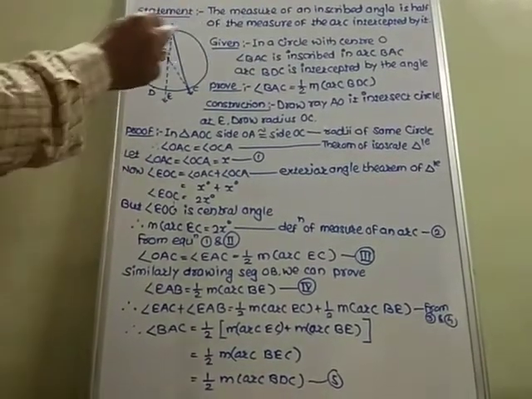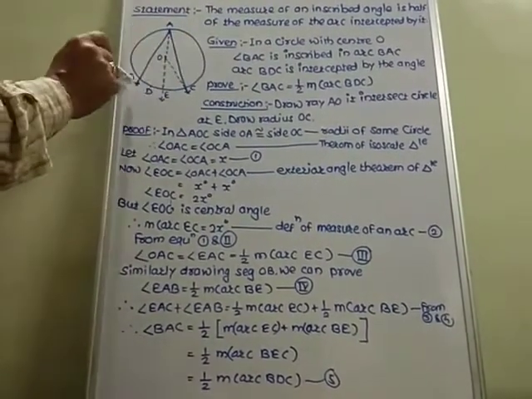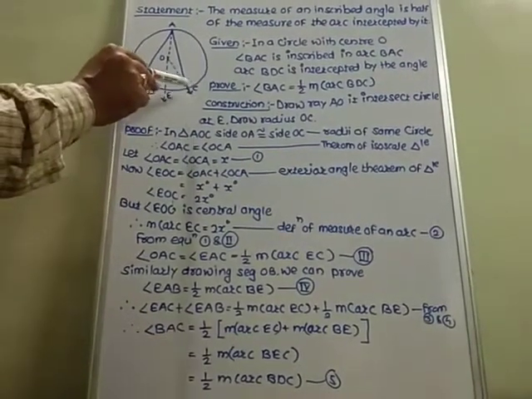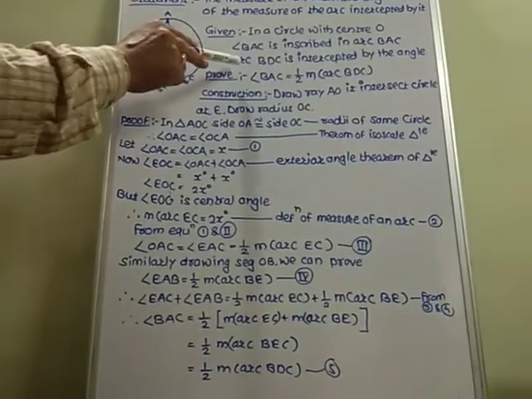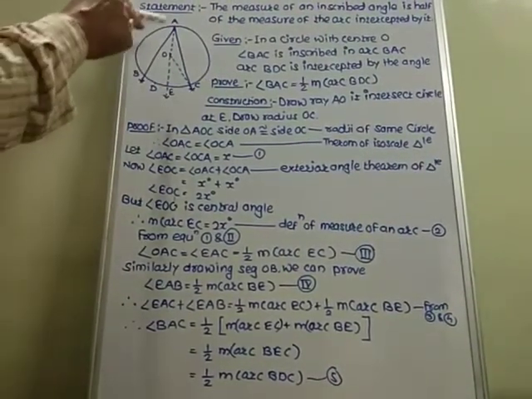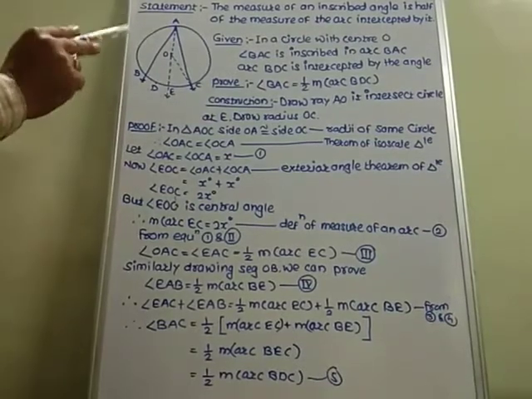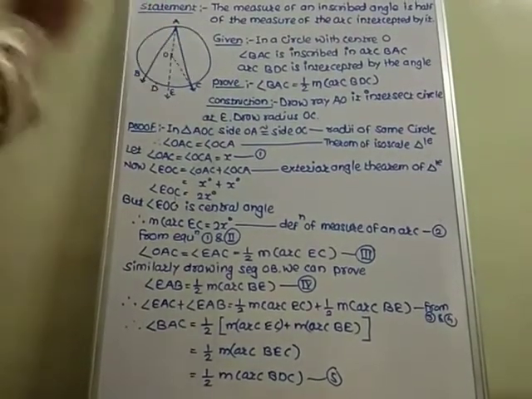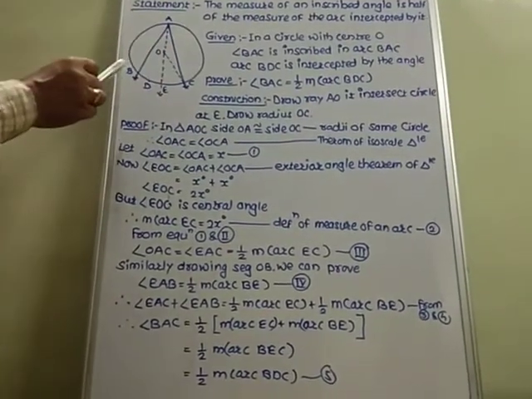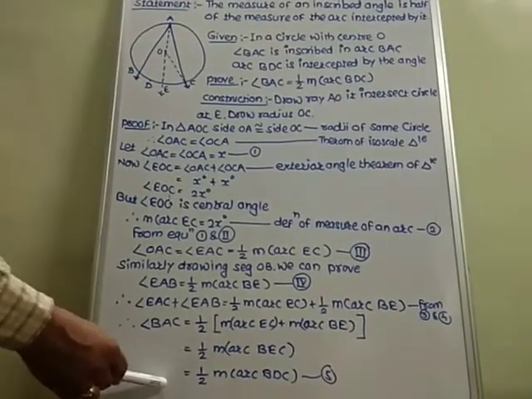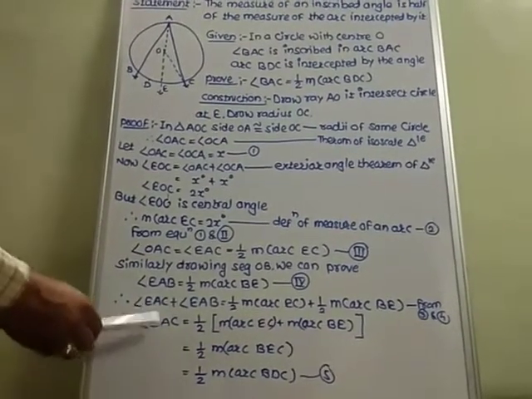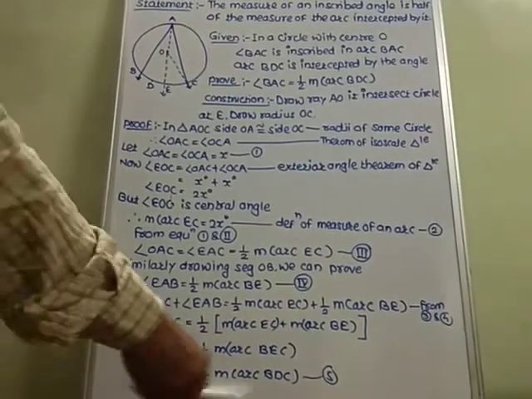In a circle with center O, angle BAC is inscribed and arc BDC is intercepted by it. What is to prove? BAC is half of BDC.